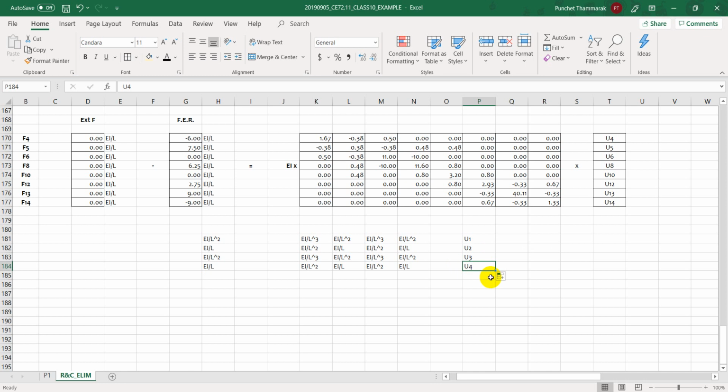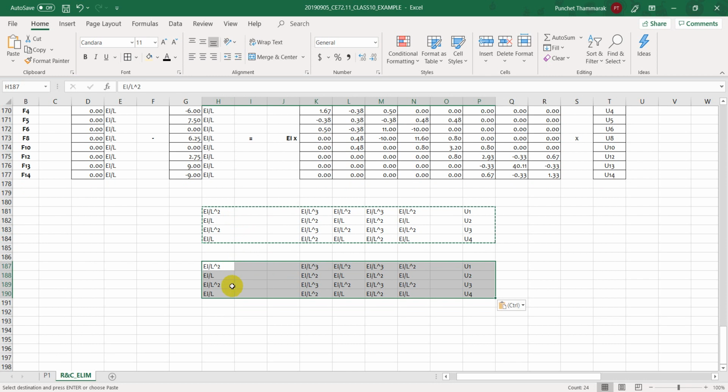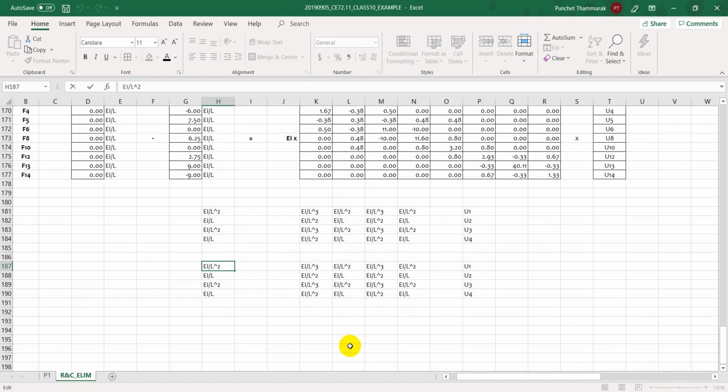Okay, so the way I adjust things inside the matrix such that life will be easy afterward is, first of all, among these 4 equations, just multiply through by L. So what happened? If I multiply through by L in the force equation, I have moment equation, right?